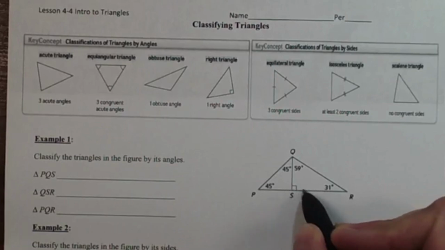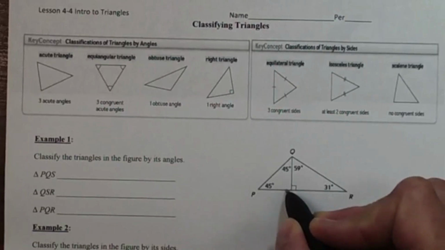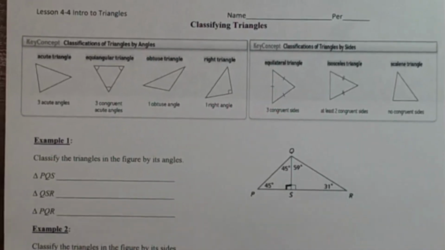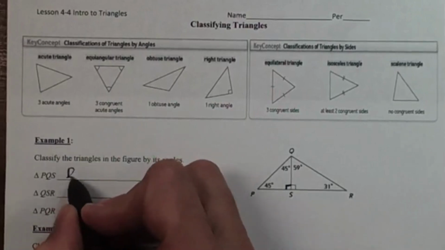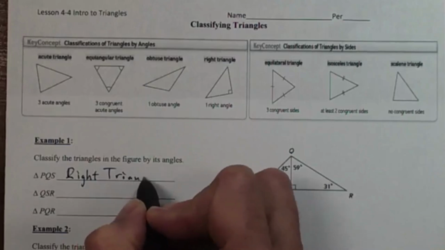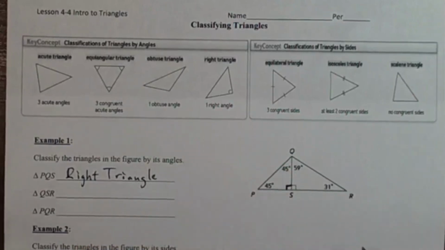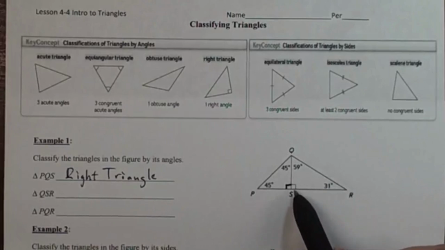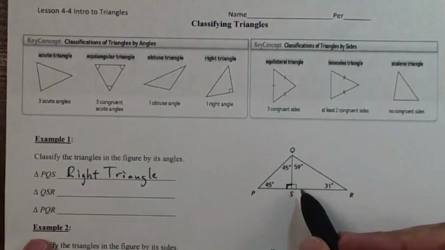Since this makes a line, that also means that this is a right angle, because they both have to add up to 180. So triangle PQS is a right triangle. We already know that the one on the left here is a right triangle. So that means the one on the right has to be a right triangle because one angle is a right angle.